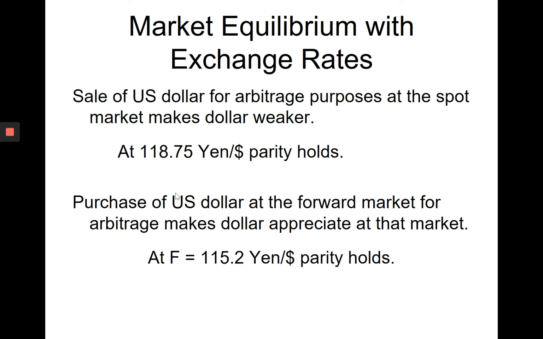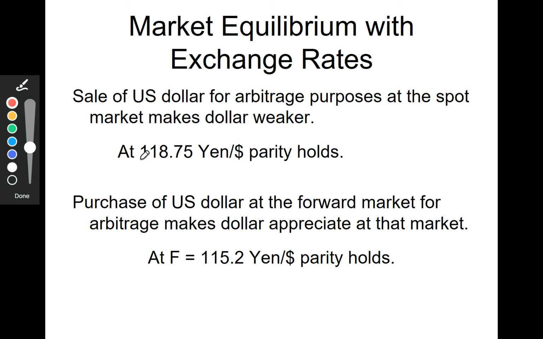So instead of 114, the X goes to 115.2, and I encourage you to calculate these X's. So if F is 115.2 instead of 114, and if S is 118.75 instead of 120, the parity holds.